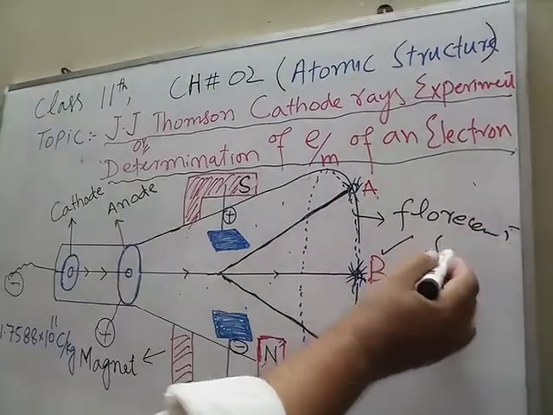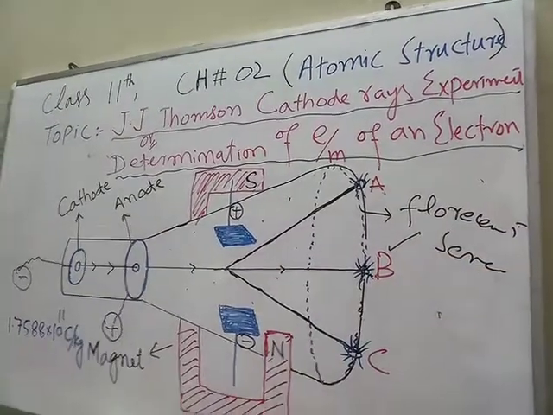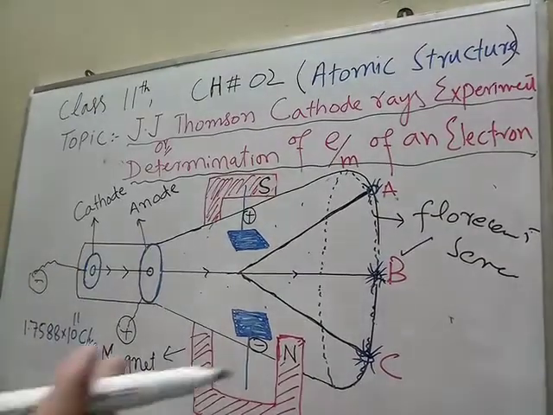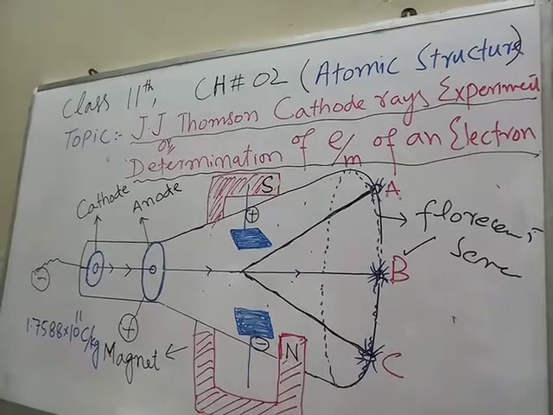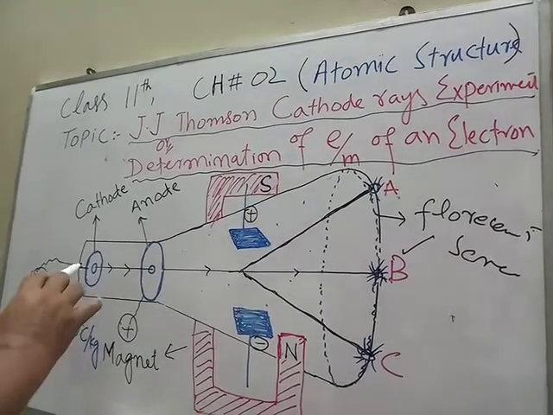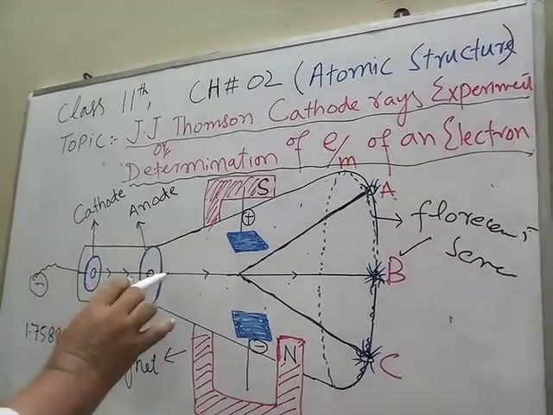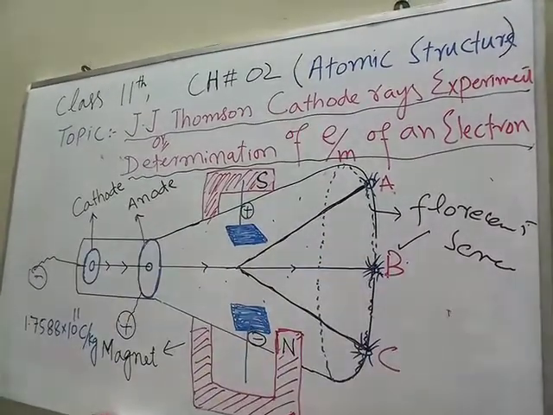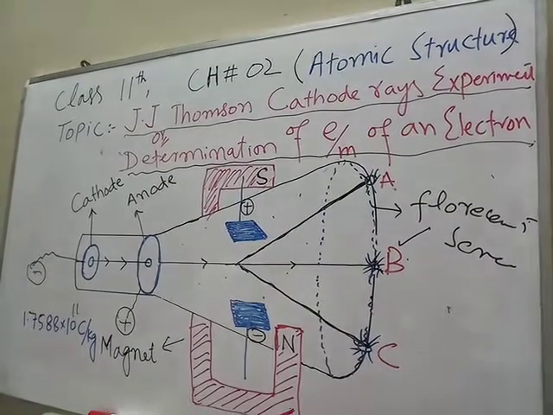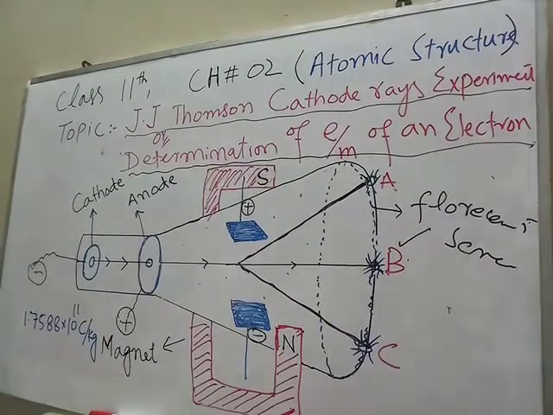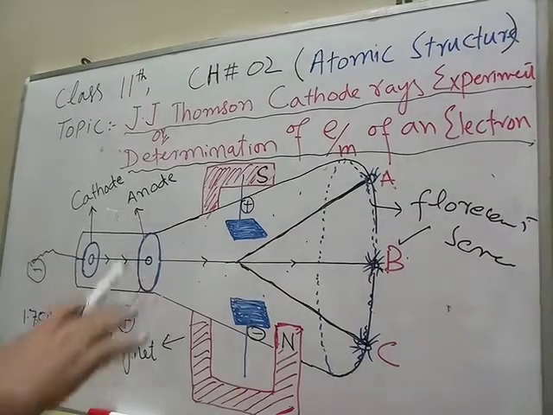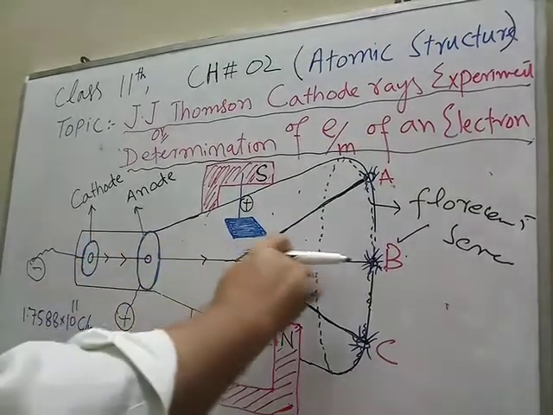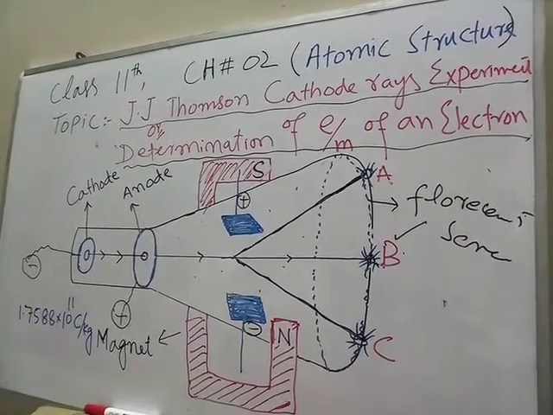The property of this fluorescent screen is that when any radiation falls upon it, it produces fluorescence or glow. So these cathode rays passed through the slit in the anode and struck the point B and produced fluorescence. In the absence of any external applied electric or magnetic field, initially there was no field, so these cathode rays went straight and struck the point B.